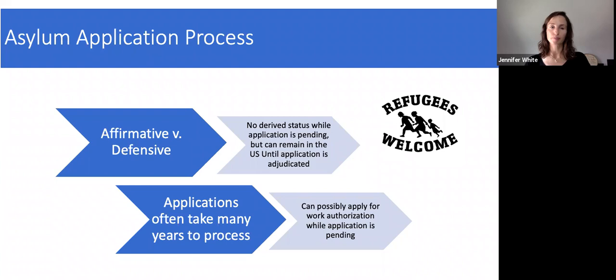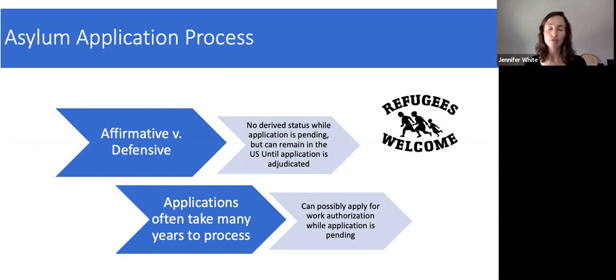So defensive asylum is for the folks that I just explained. Folks that are in immigration removal proceedings, they're appearing in front of an immigration judge, right? ICE is actively trying to deport them, even though they were just released from immigration detention.